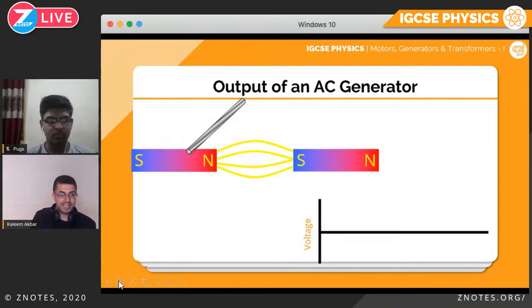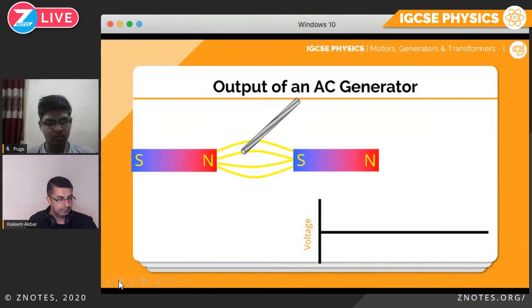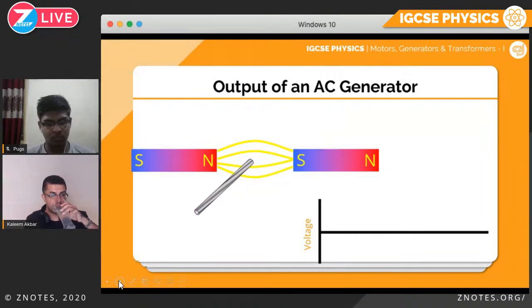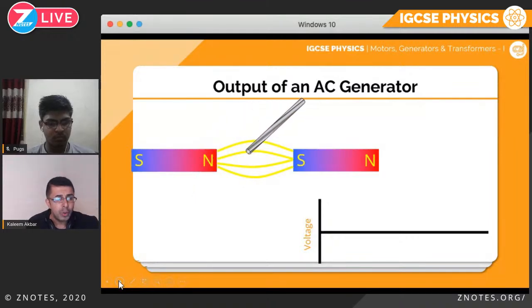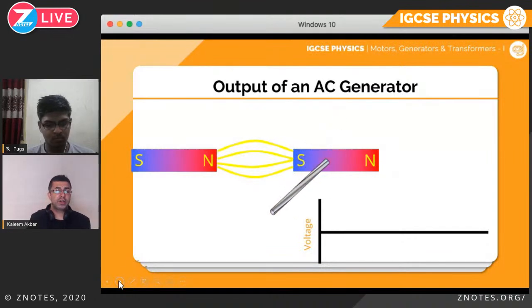In this slide, you're going to find an exaggeration of sorts. Let me put it on. What it looks like is the wire is only cutting through the magnetic field when it's moving up and down, which is true.